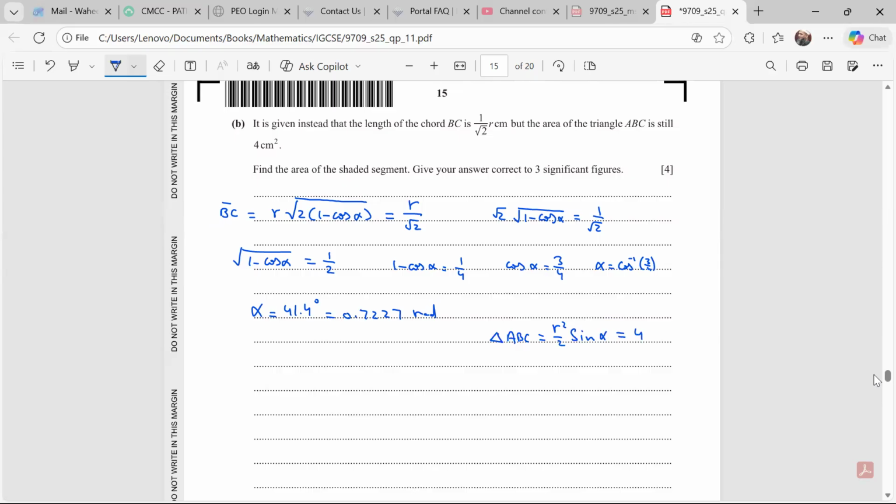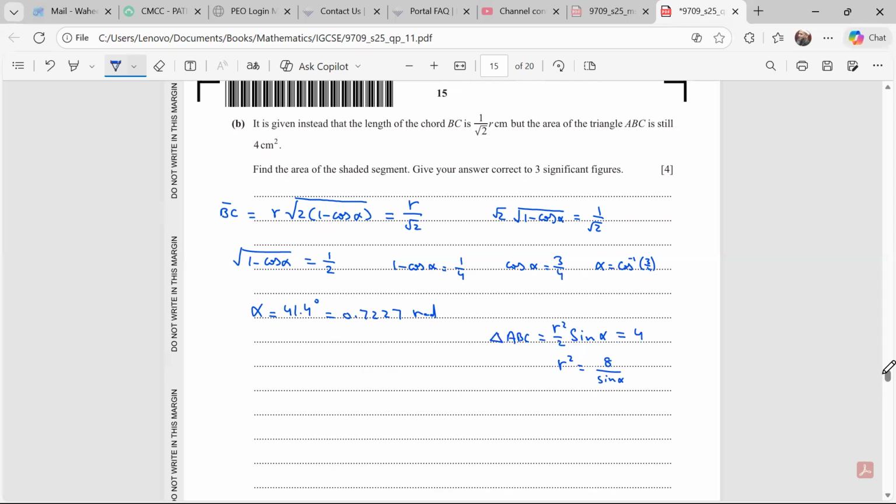Remember in part A, the angle was 30 degrees, but now the angle is 41.4 degrees. So I can calculate the value of r from here. You can see this r square would be equal to 8 over sine alpha, right? So from here I can find the value of r. Okay, let's leave it like this.